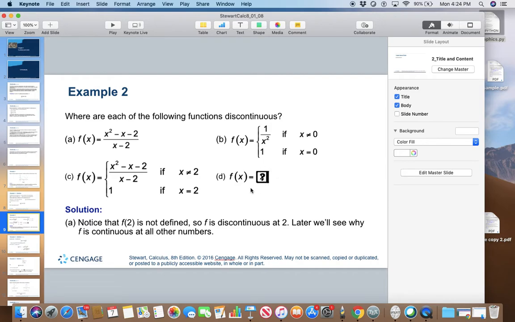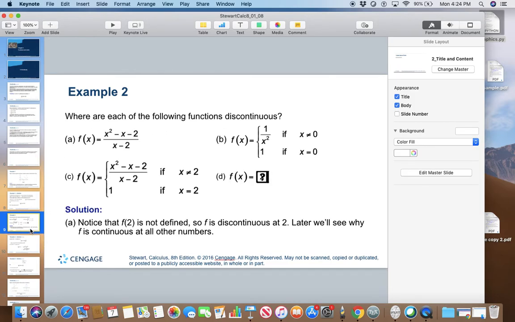And this somehow did not print properly. Okay, let us see what this is. For the a part, f(2) is not defined, so f is discontinuous at 2. Later we will see why it is continuous everywhere else. But at 2, the denominator is 0, so it is not defined.